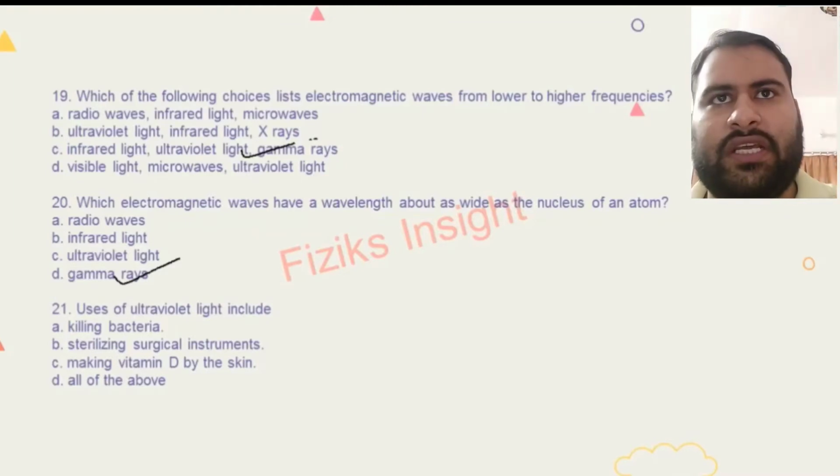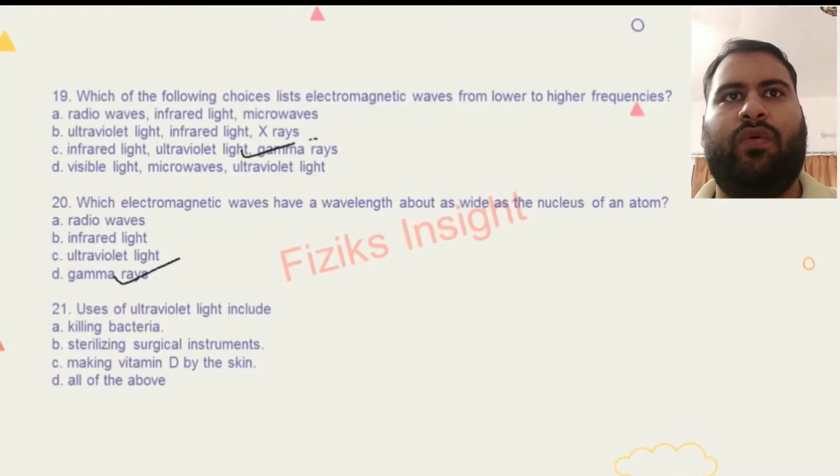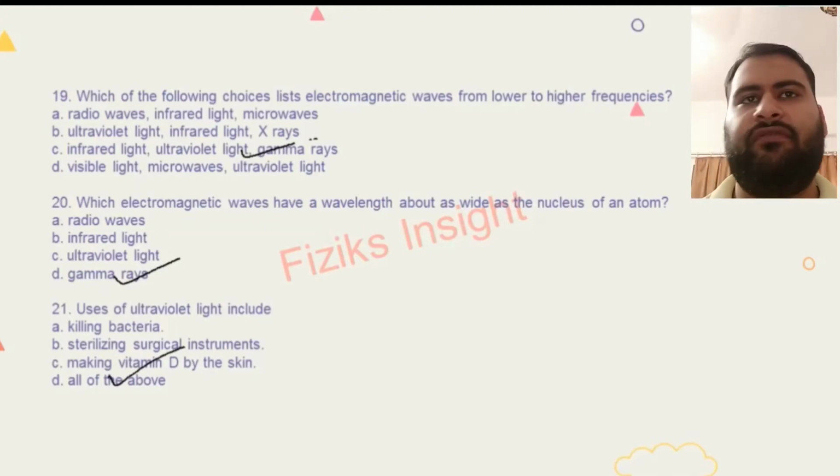Now 21st question, uses of UV light include A part killing bacteria, B part sterilizing surgical instruments, C part making vitamin D by skin, and D part all of above. Yes, which of the uses of UV light is here? So the correct option is D part, all of above.